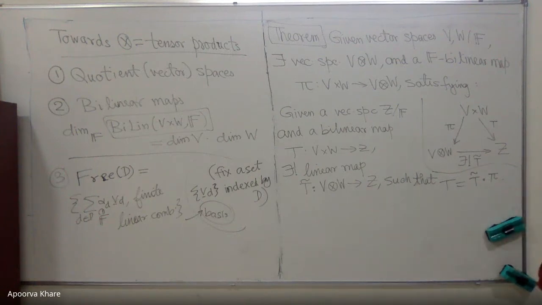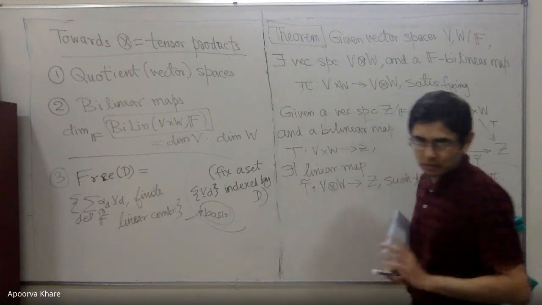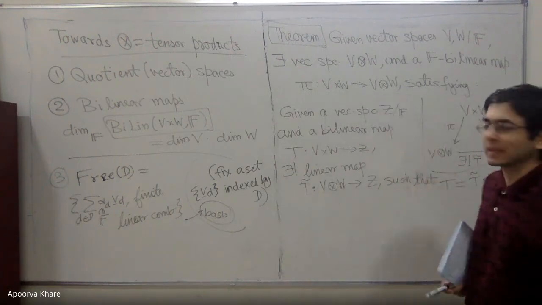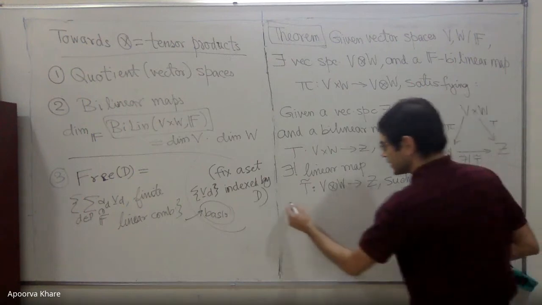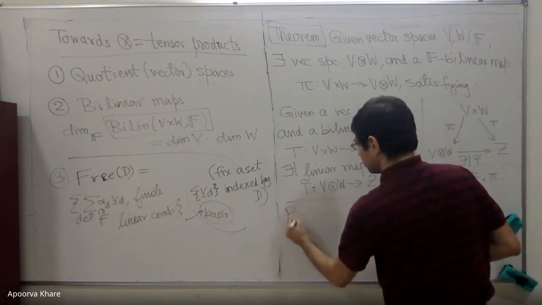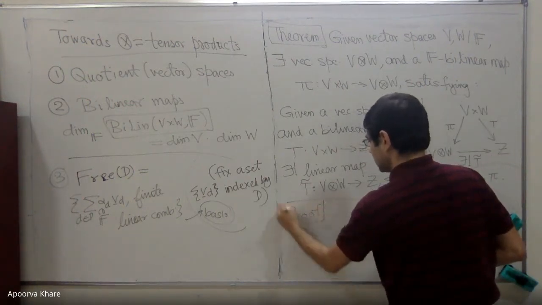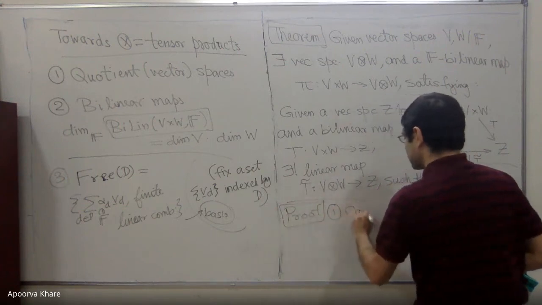Okay, so what we are going to do is first I'm going to tell you what the space is. Then we will prove that it has these properties. Okay, so maybe we can start the proof here itself. So step one is to construct.